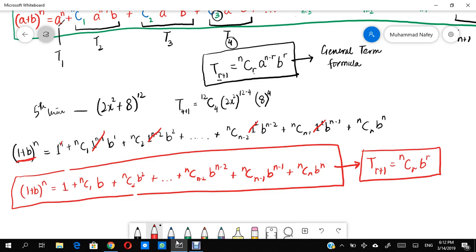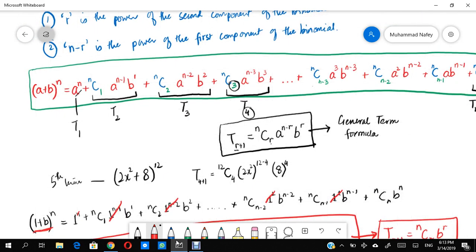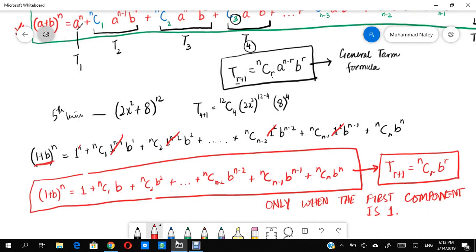But again, this applies only when the first component of the binomial is 1, nowhere else. So if you want to remember just one of those formulae, remember the general one, right? Because that applies to all cases, but this applies only when the first component of the binomial is 1.